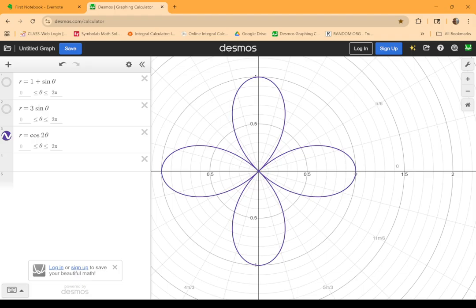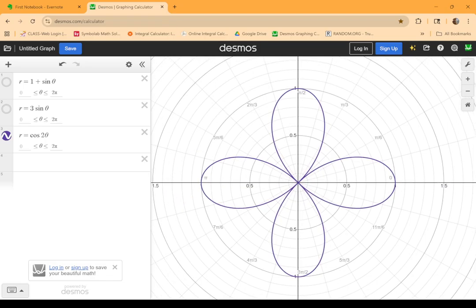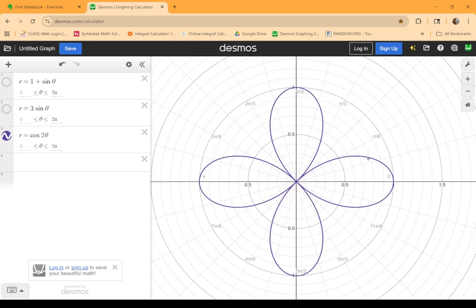Cosine of 0 is 1, but then it starts to decrease, so it takes this path around here. So the lower limit will definitely be 0, and then it gets back to 0 when cosine is at pi over 2, but in this case, since it's 2 theta, when theta becomes pi over 4. So that's only half of the leaf though, so I need the full leaf.